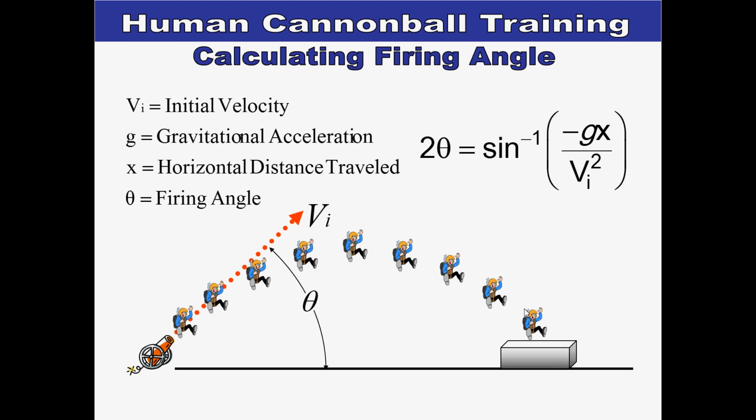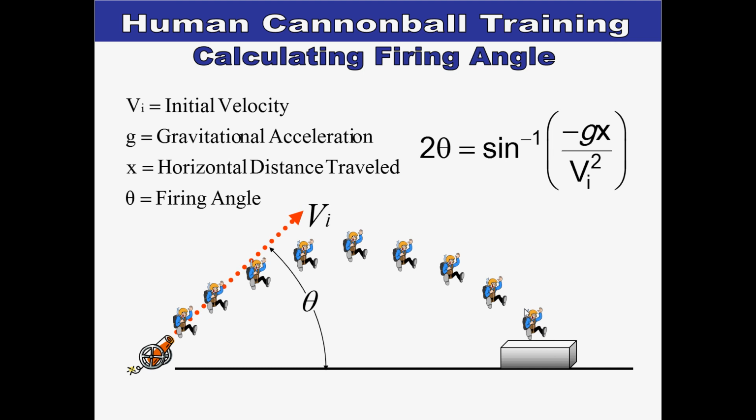Something fired at 40 degrees will go the same distance as something fired at 50 degrees. And you'll see where those converge is at 45 degrees. If we subtracted 45 from 90, we would get 45 again. So there's only one angle that would travel the same distance as something at 45 degrees, and that is 45 degrees. And that's actually the maximum distance.